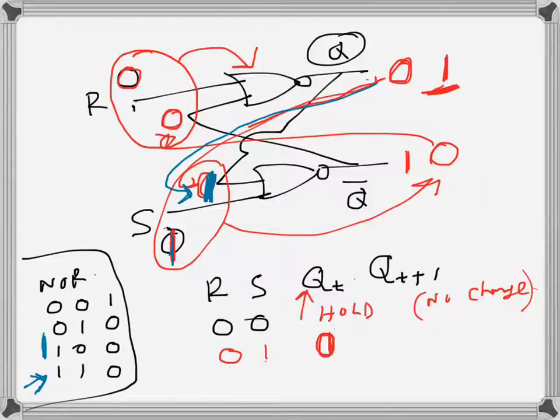So basically we see that the output doesn't change, this will stay 0, it will stay the same. And since this one doesn't change, this one doesn't change either, so this one stays 1. So basically QT was 0, but QT plus 1 has become 1. So that's done. Now I will erase all these things again.